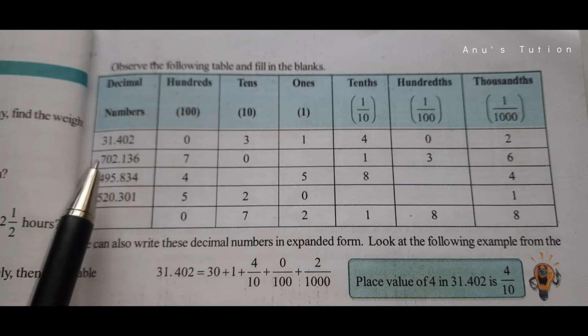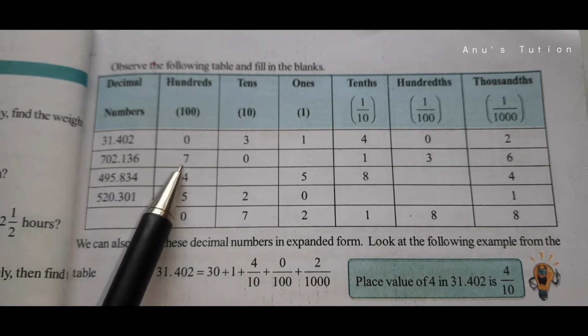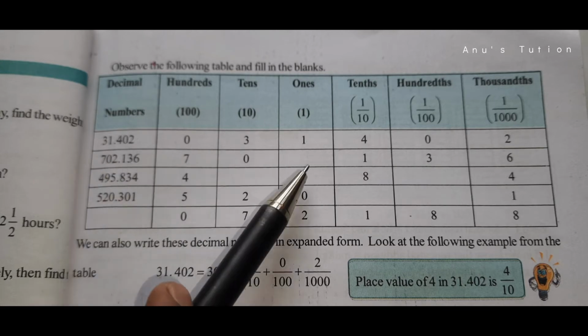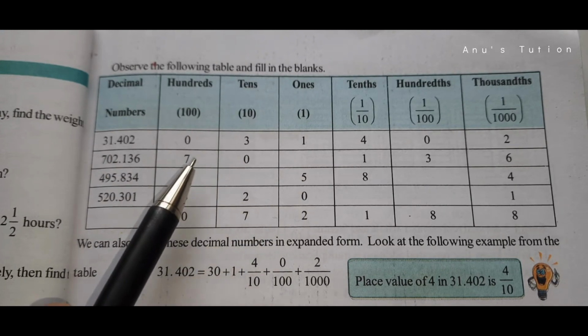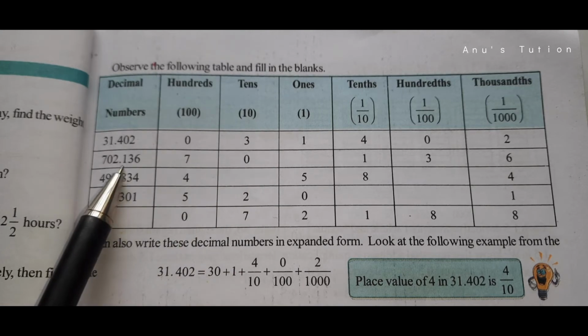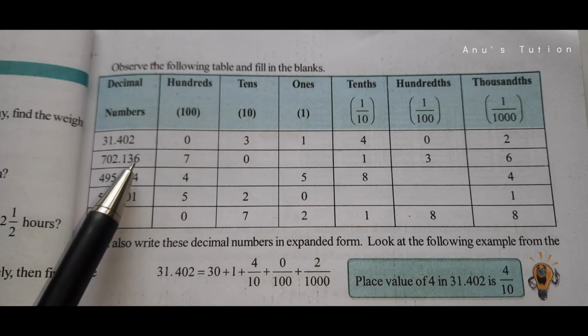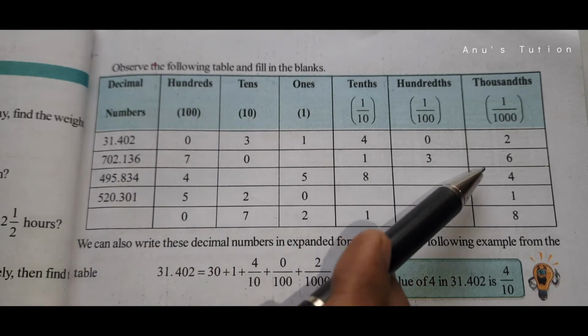Next, 702.136. In the place value chart, ones place is 2, tens place is 0, hundreds place is 7. Next, 1 by 10 place is 1, 1 by 100 place is 3, 1 by 1000 place is 6.